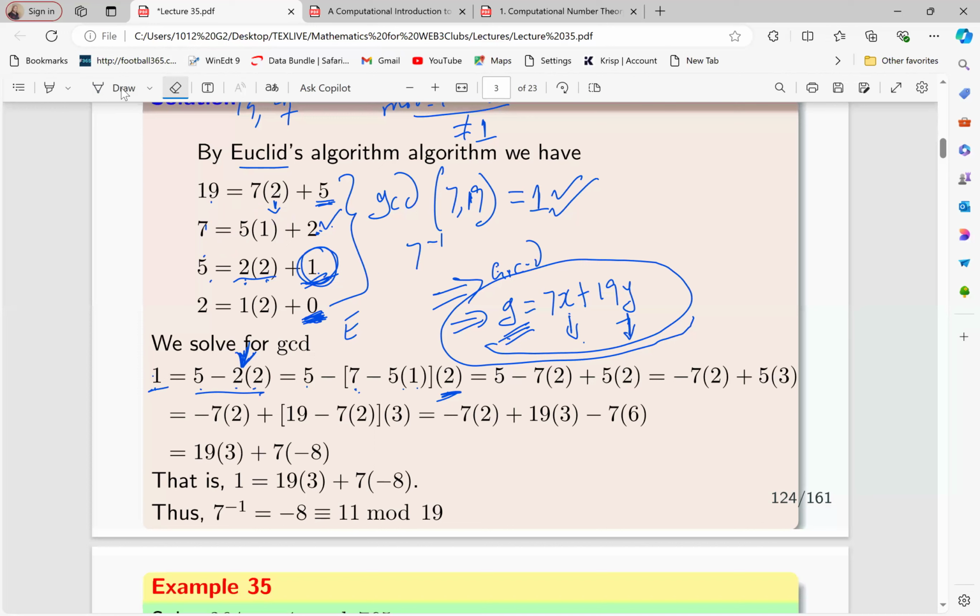When you open the bracket with this 2, and there's a minus outside, that would be minus 2 multiplied by 7.